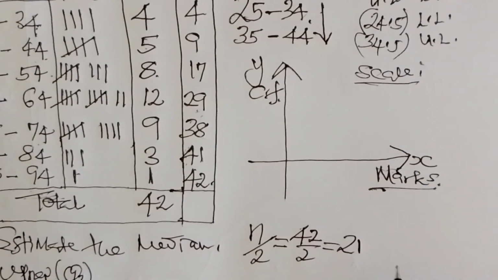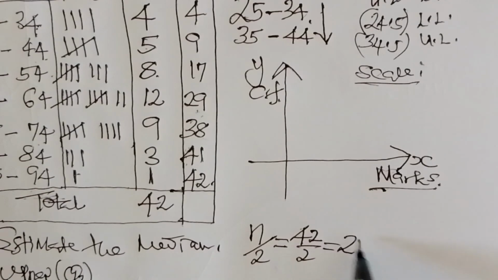So we need that position which divides our data into 2 halves, 21 on the left hand side and 21 on the right hand side.